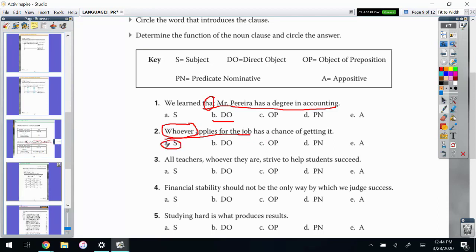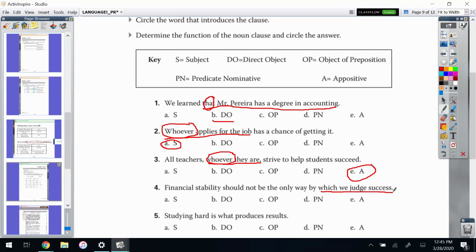Number 3, all teachers, whoever they are, strive to help students succeed. Our noun clause is whoever they are, and it starts with whoever. Now, this renames all teachers, whoever they are. So it's going to be an appositive. Number 4, financial stability should not be the only way by which we judge success.